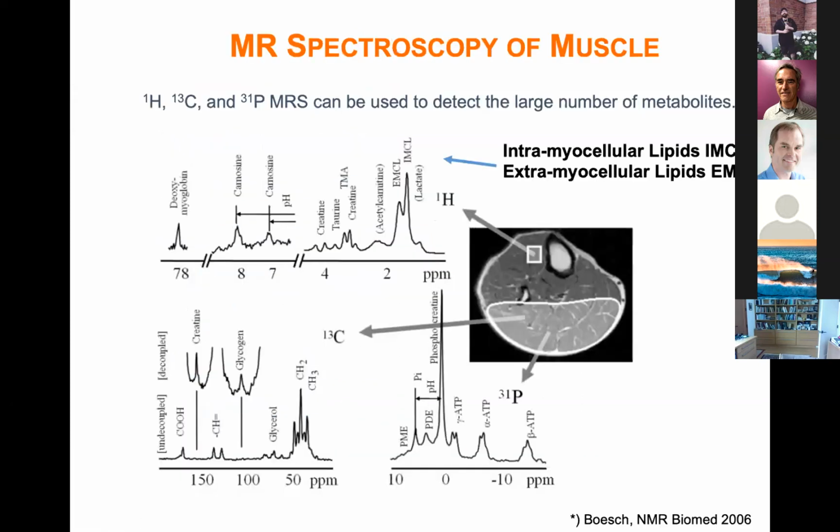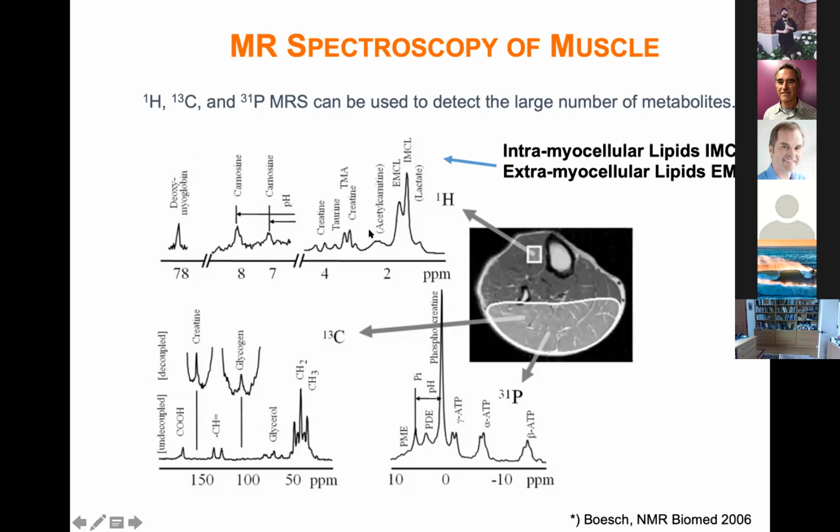Okay, I want to first start out to show you some of the MR spectra we can obtain in the muscle. You can see here on the top, the first one, that's a proton spectrum. And you can see here different peaks we can obtain. I want to draw your attention in particular to the fat peaks. There's an intramyocellular lipids, IMCL, peak, and the extramyocellular lipids, EMCL, peak. I'm going to talk a little bit more about these two peaks in the following slides.